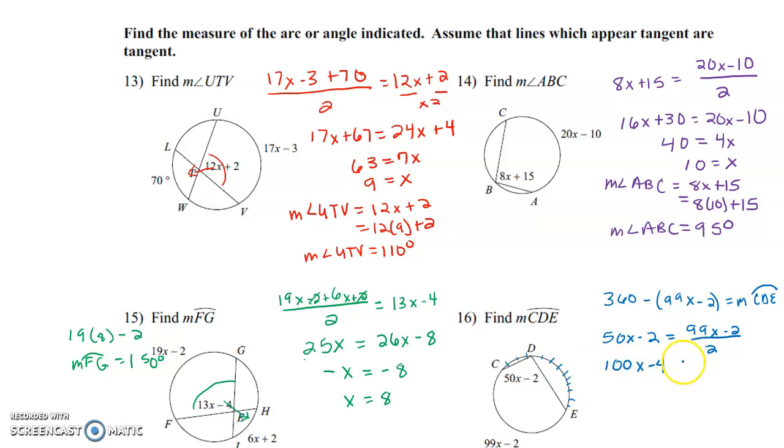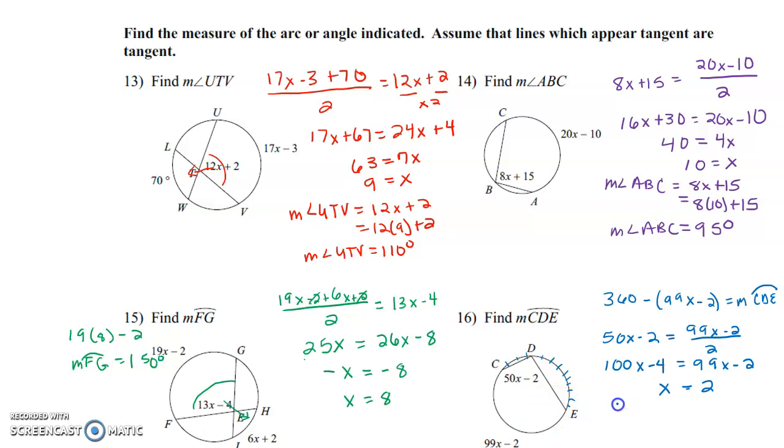Okay, I'm going to clear my fraction. Multiply by 2, don't forget to distribute. If I subtract 99x from both sides, that leaves me x here. If I add 4 to both sides, a positive 4 and a negative 2 is going to be a positive 2. So I find out that x equals 2.